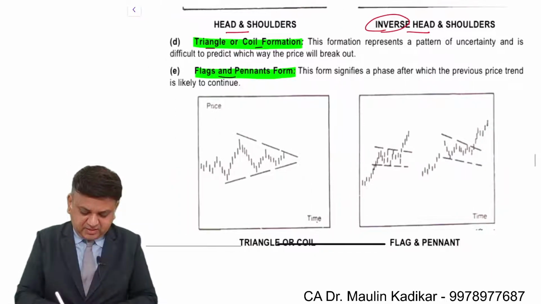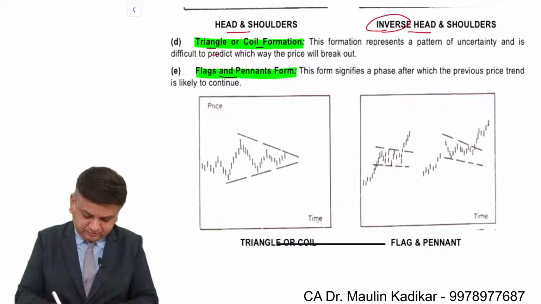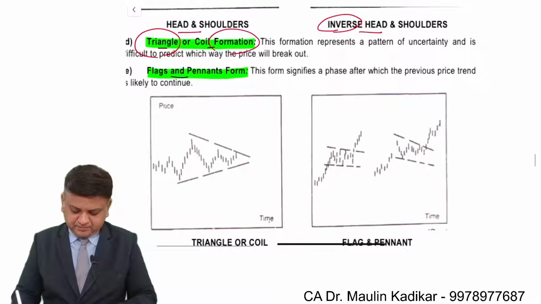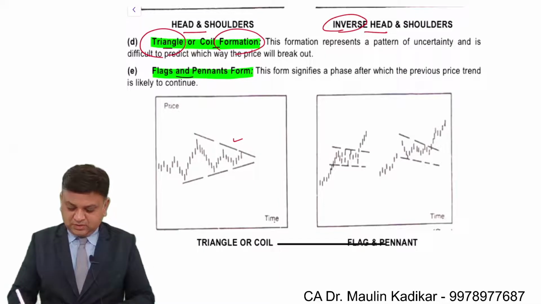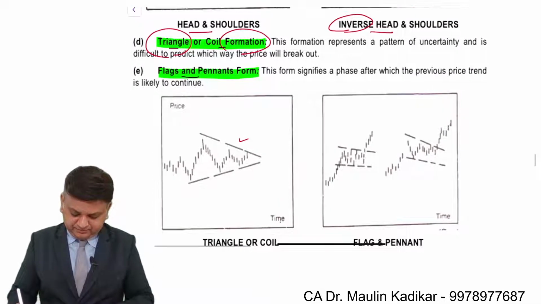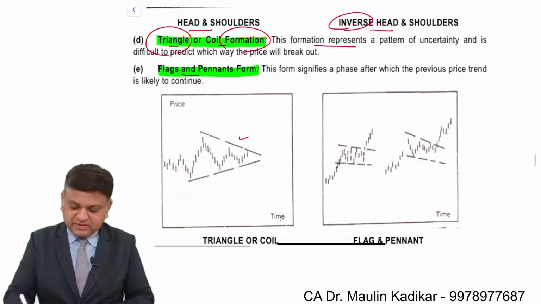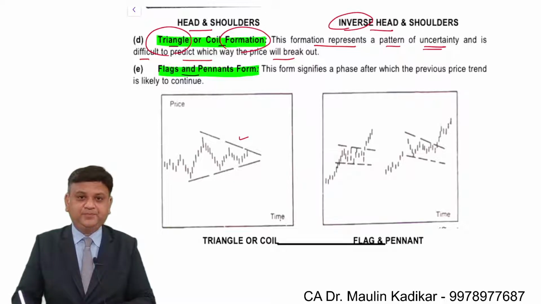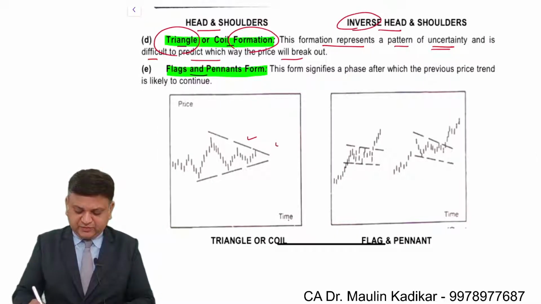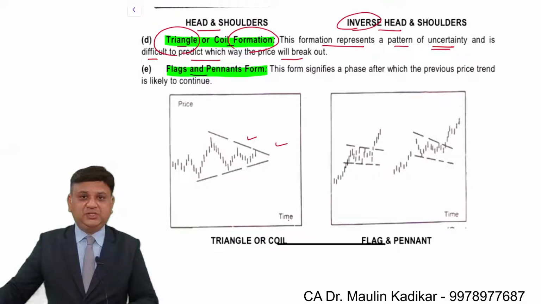Next is a triangle or coil formation. This is the flat one. This formation represents a pattern of uncertainty, and it is difficult to predict which way the price will break out. So over here it is difficult to say where the price will change.